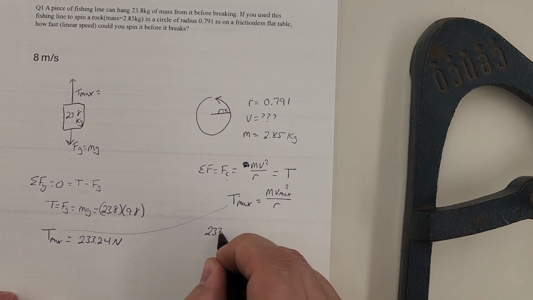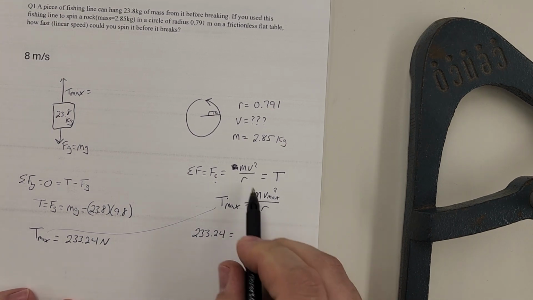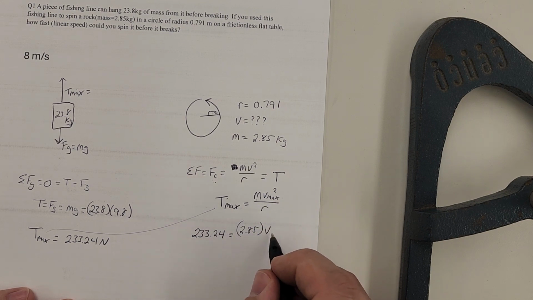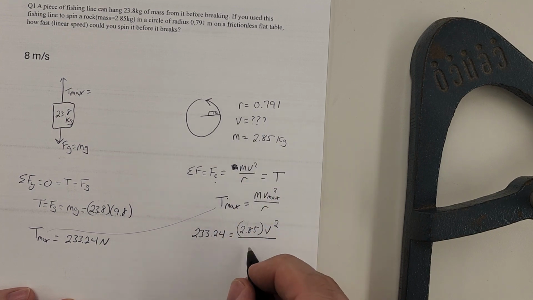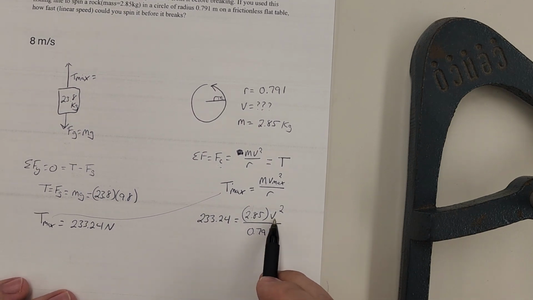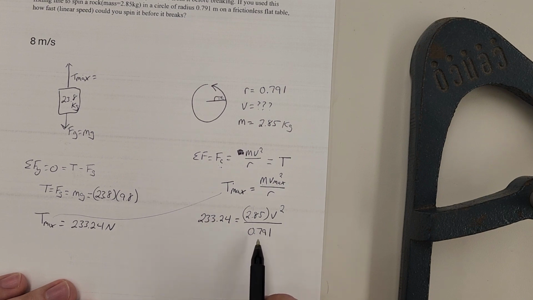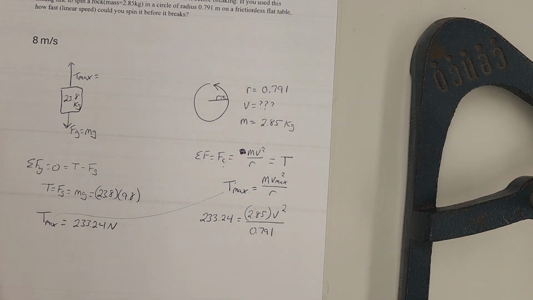I'm going to take that T max and plug it in over here. So we'll have 233.24 newtons equal to this scenario's mass, 2.85, times V squared, since V is what we're solving for, over R. R was given, 0.791. Okay, so now I just need to solve for V squared. Multiply by the denominator on both sides, so this times 0.791 divided by 2.85, and then finally take a square root.